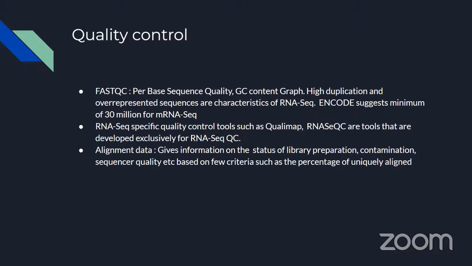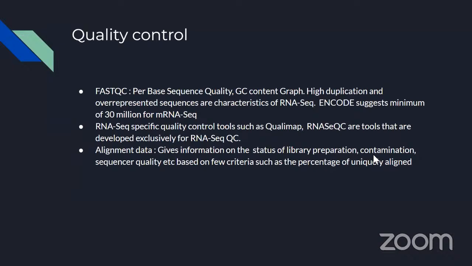If it is, for example, an mRNA-seq where you have depleted the rRNA or done a poly-A selection, you would want very few rRNA reads, because rRNA contamination is very recurring in RNA-seq. For mRNA-seq, you should have less than 5% rRNA. So all these alignment statistics give you a lot of information regarding the library preparation.